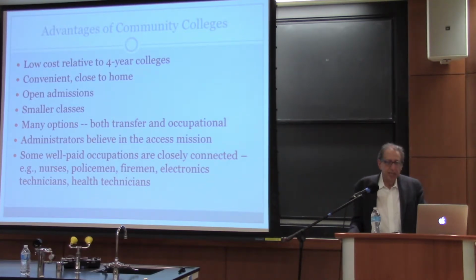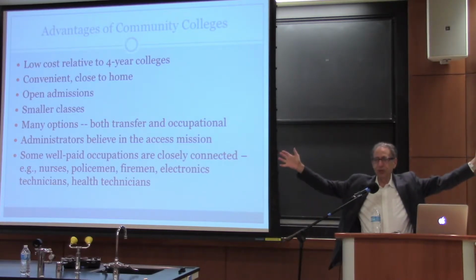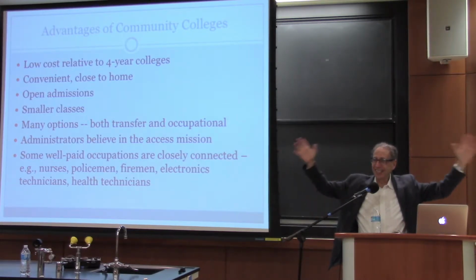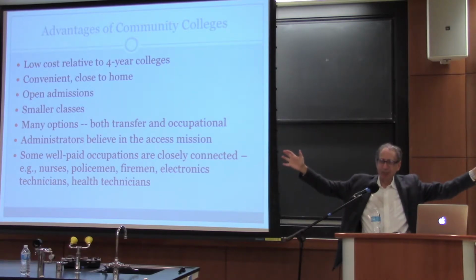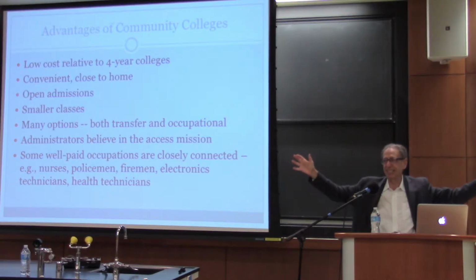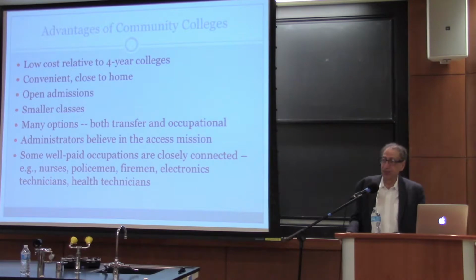They have smaller classes than most at university. You're going to find that when you go to university, especially in social science and some popular majors like biology, there are huge classes, like hundreds. People can get lost in these huge classes. That's not true of community colleges.